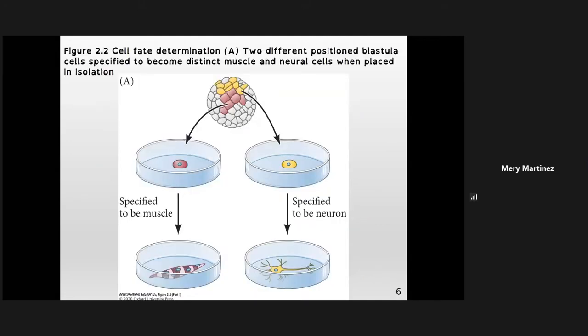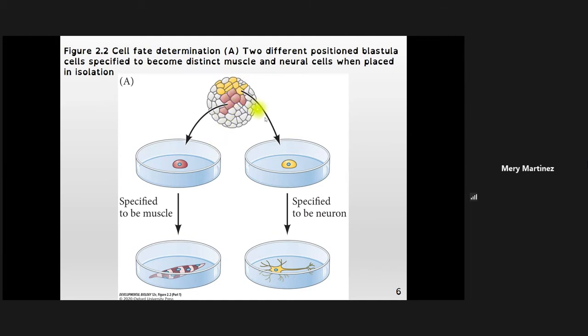So let's see this in figures. The fate of a cell or tissue is said to be specified when it's capable of differentiating autonomously, okay? Meaning by itself, when placed in an environment that is neutral with respect to the developmental pathway, like in a petri dish, as we have in here. So we have here a mass of cells. Some are yellow, some are pinkish red.